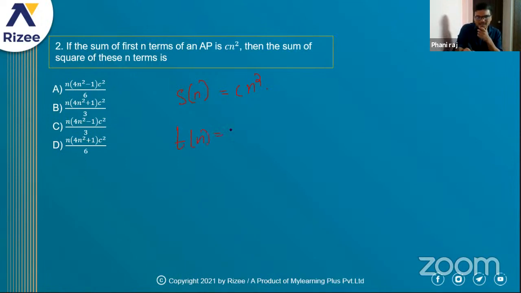The nth term is sum of the first n terms minus sum of the first n minus 1 terms. This is trivial to see because a1 to an minus a1 to an minus 1 will give you an. So this is Cn square minus C(n minus 1) whole square. What is this? C into 2n minus 1.